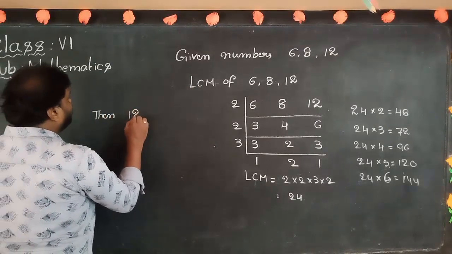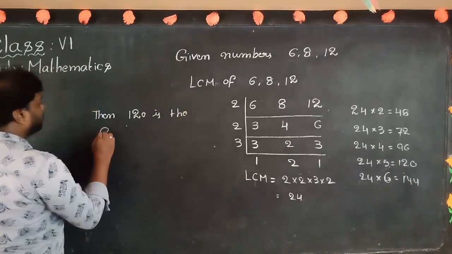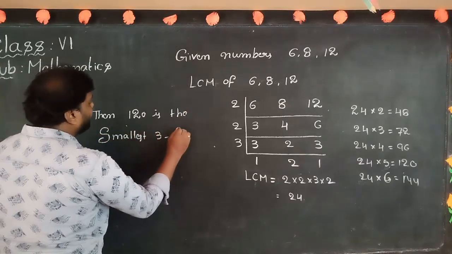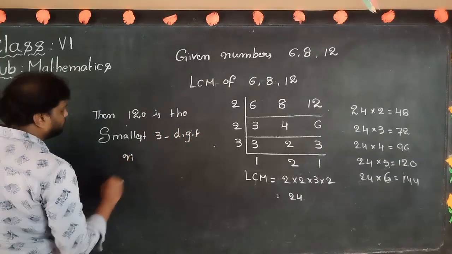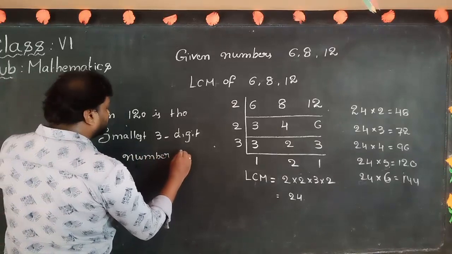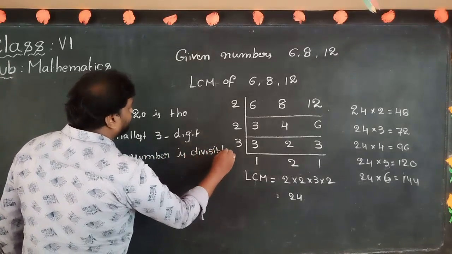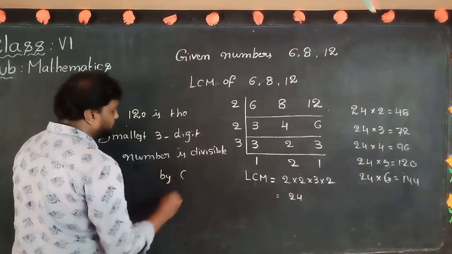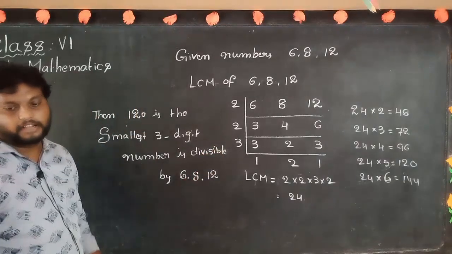Then 120 is the smallest 3-digit number divisible by 6, 8, 12.